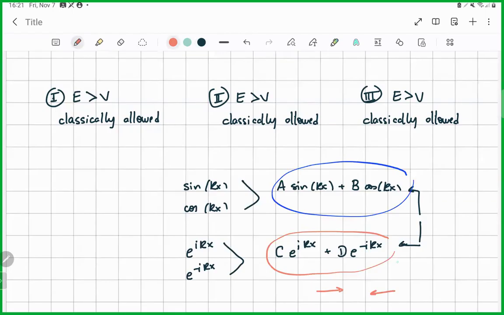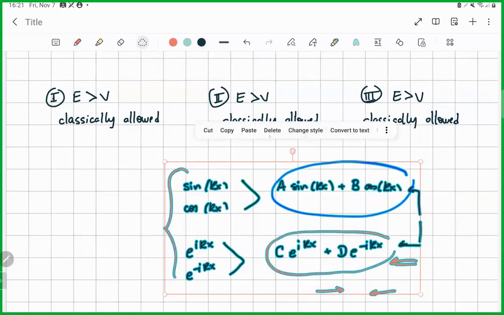So the one that I'm marking in orange is more convenient where we have this possibility of moving to plus infinity or minus infinity. All right. Okay, so let's keep this in mind. This is the kind of solutions that we expect for the three regions. And now let's really go through the math.